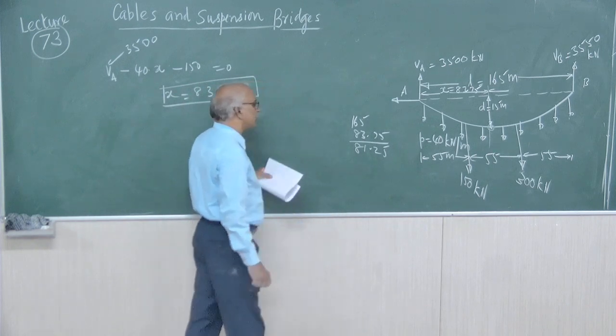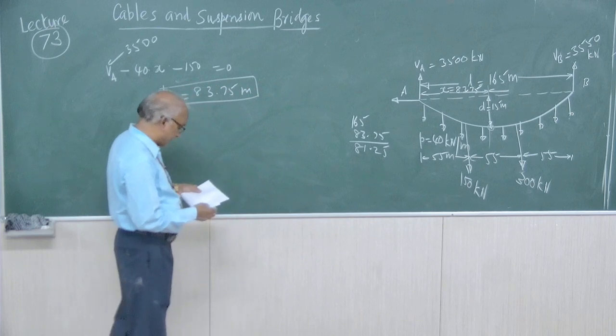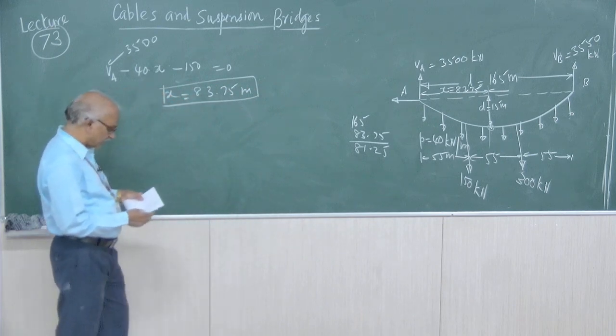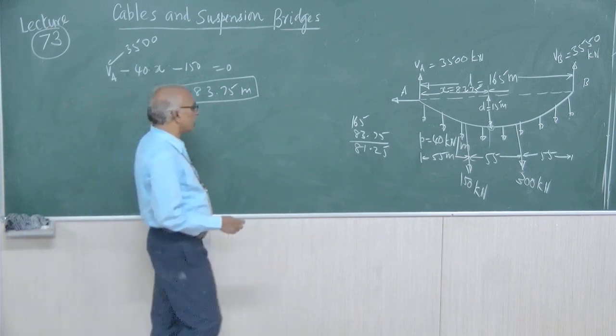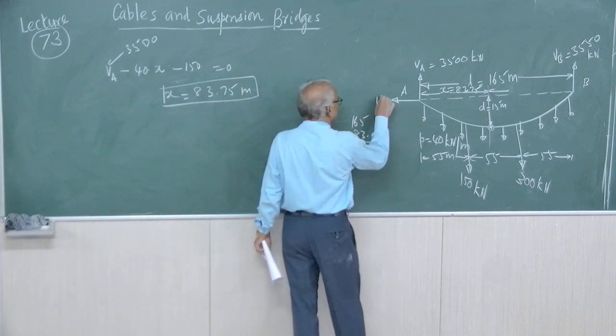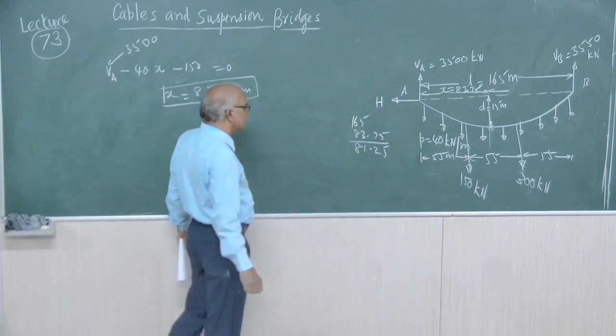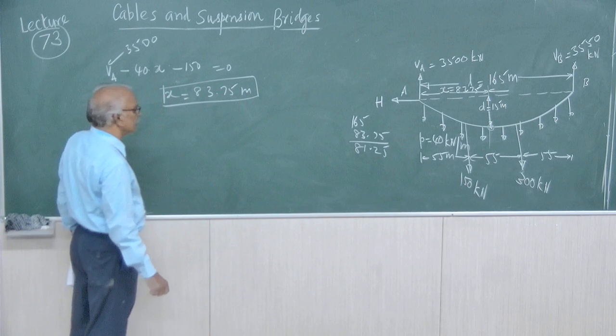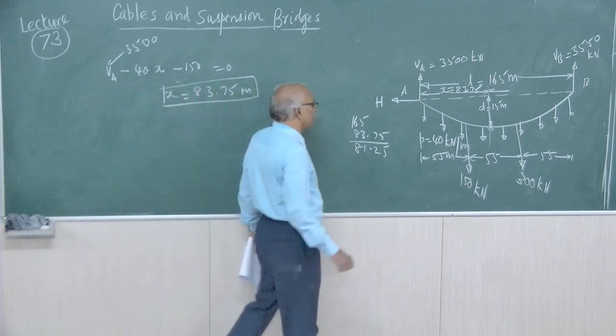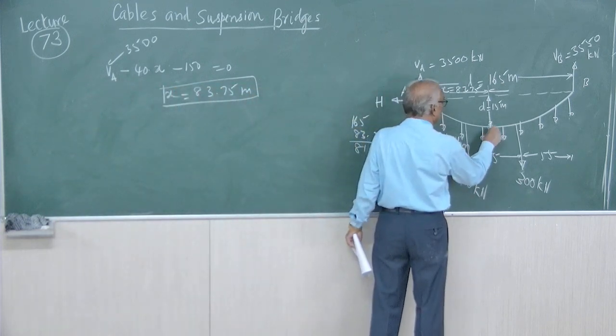Now we have to find out the value of H. For finding out the value of H, you will have to take moment about the lowest point, about this point.